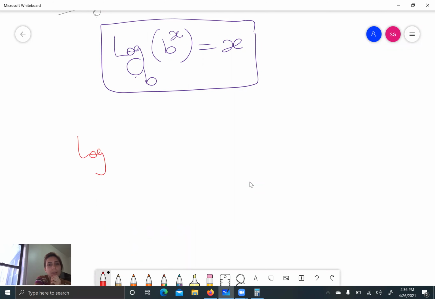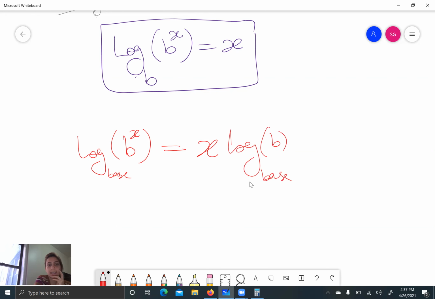If you have a logarithm of some base, whatever the base is, and then here you have exponential functions such as b to the power of whatever, then this x or r or whatever it is can come and sit as a multiplier of the logarithm of b to the same base.